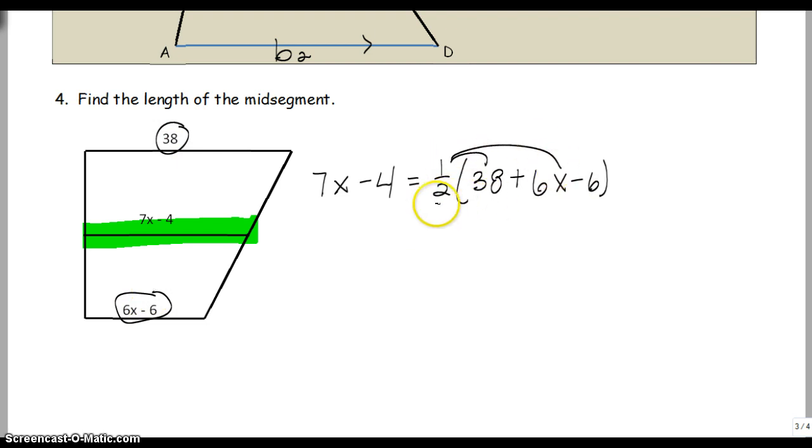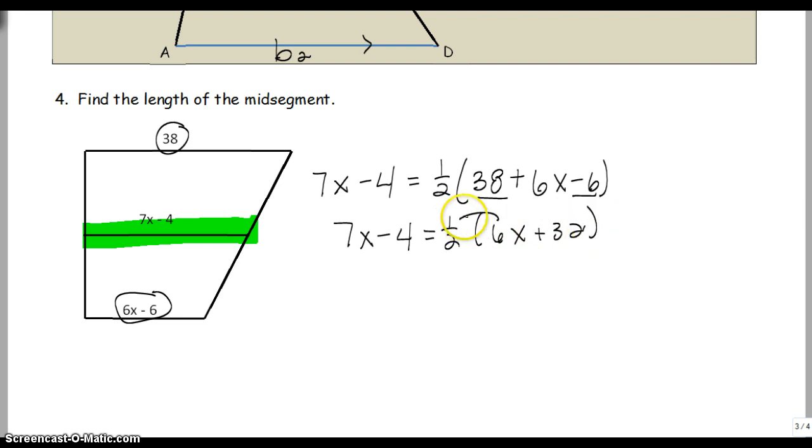If we were to distribute the 1/2 in, we would be left with 7x minus 4 equals 32. I lied, that's not 32. Excuse me, I messed up. Ignore the distribute. You need to combine like terms first. So 38 minus 6, that's where I found 32. So it would be 6x plus 32. Excuse me again. Now distribute. 7x minus 4 equals 3x plus 16.